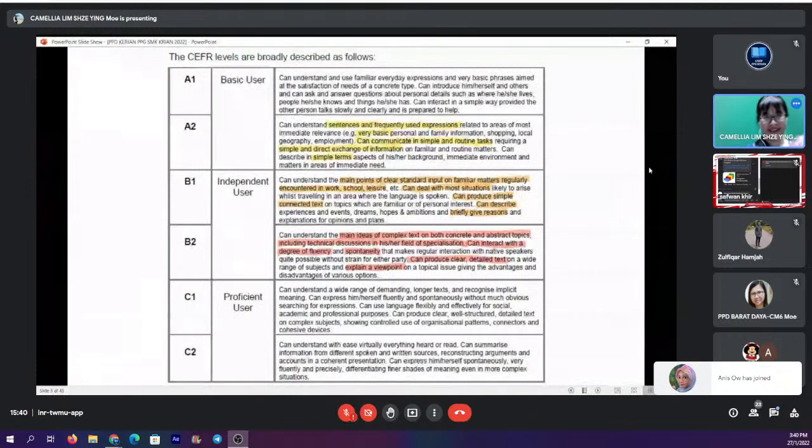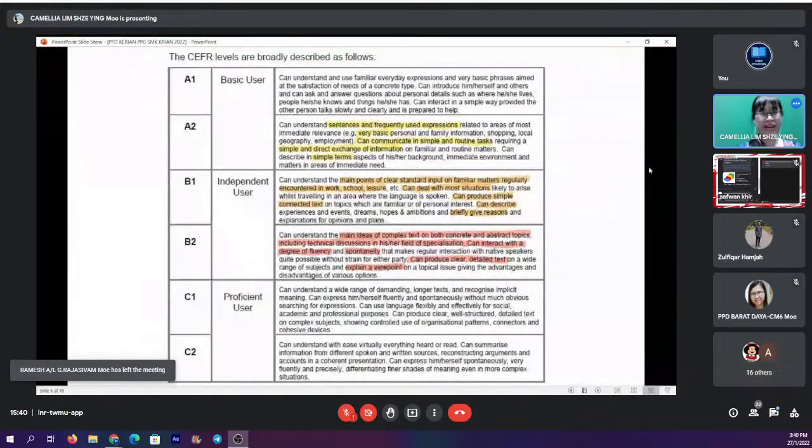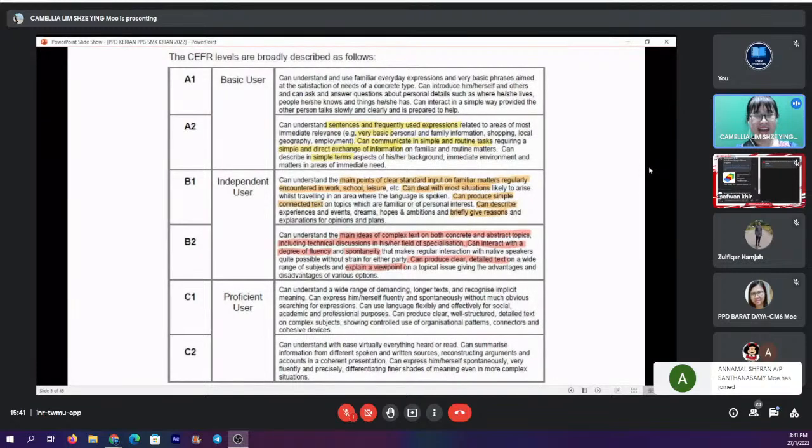In these CEFR levels, our students tend to be within A2, B1, or B2. I highlighted the keywords. In A2, the students can understand sentences and frequently used expressions, and they are at a very basic language level. They can communicate in simple and routine tasks and have simple and direct exchange of information.